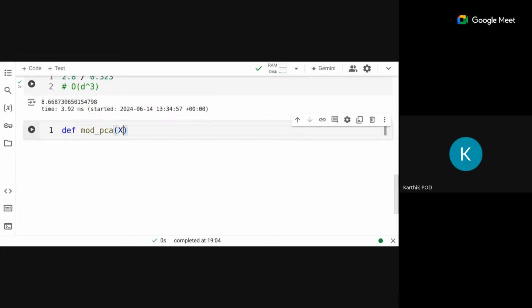This also accepts the matrix capital X, but the first part remains the same. You get the shape of the data, and you subtract the mean of the data from the data so that you center it.